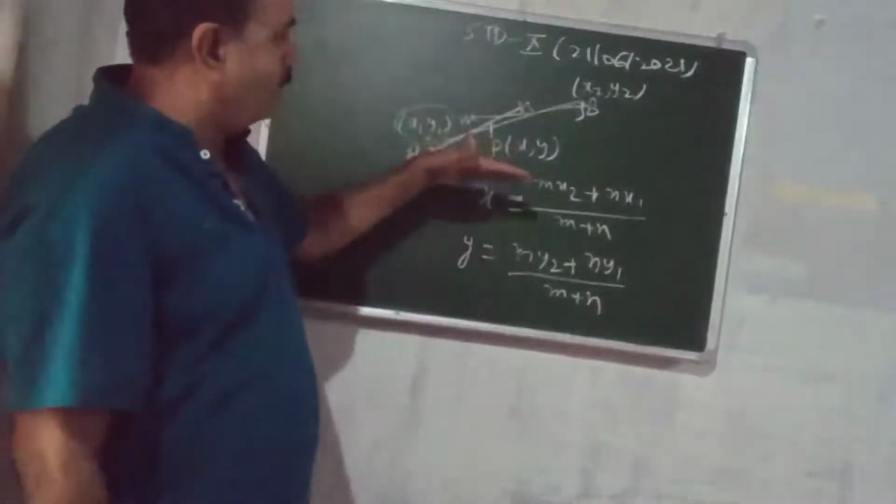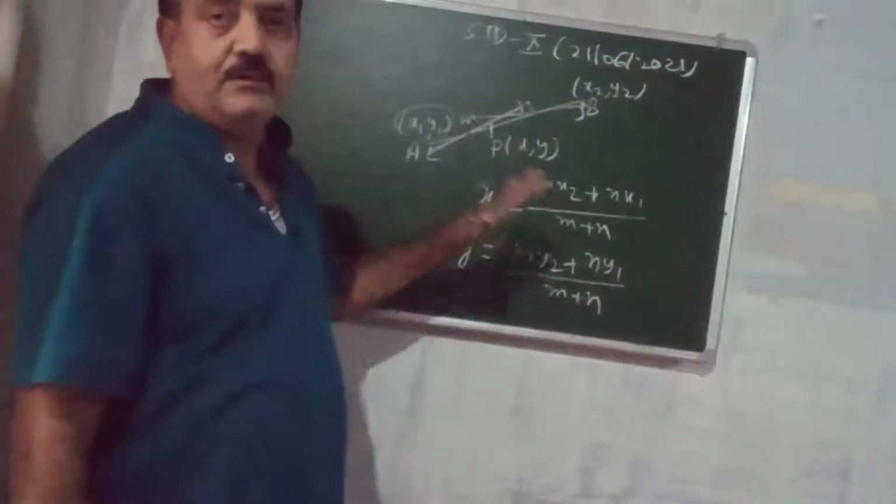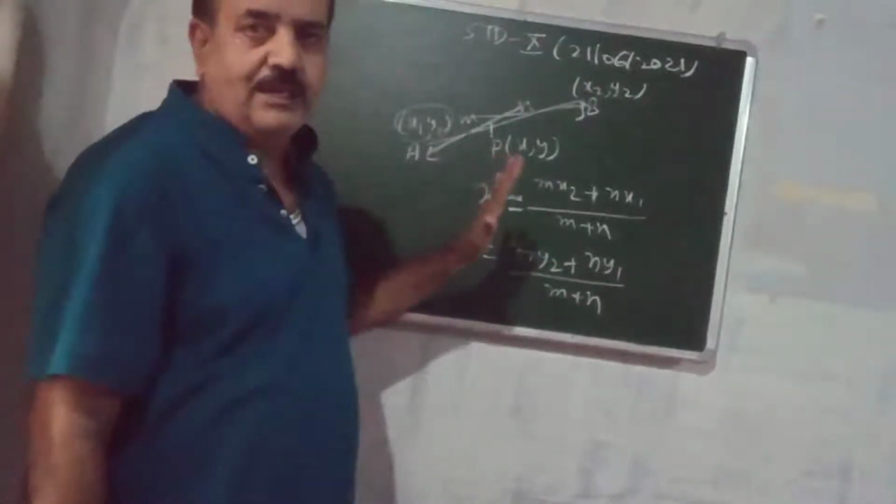This formula will give the coordinates of x and y. Is it clear?